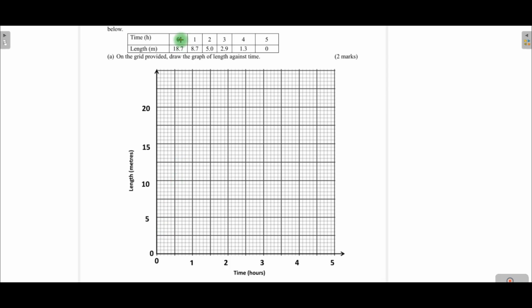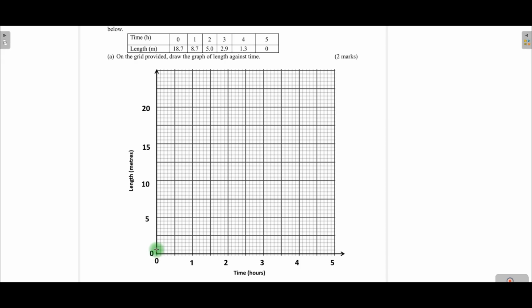When x is 0, that is when time is 0, length is 18.7. We have said that one small division represents 0.5.